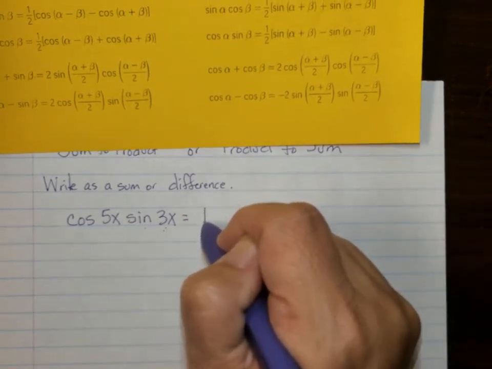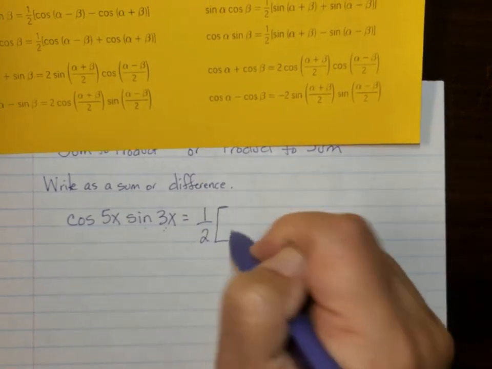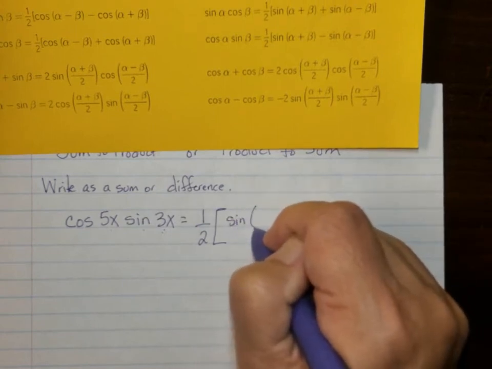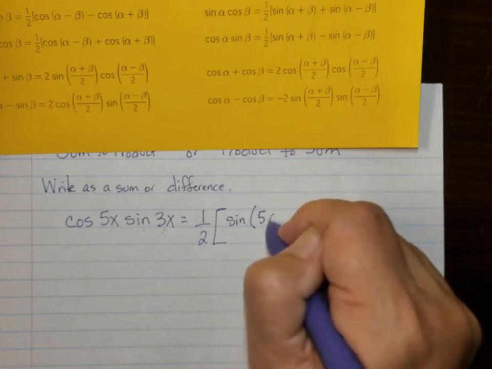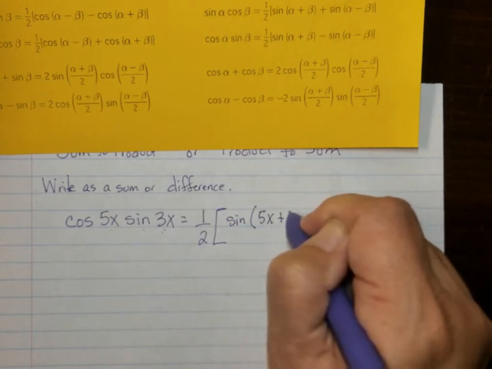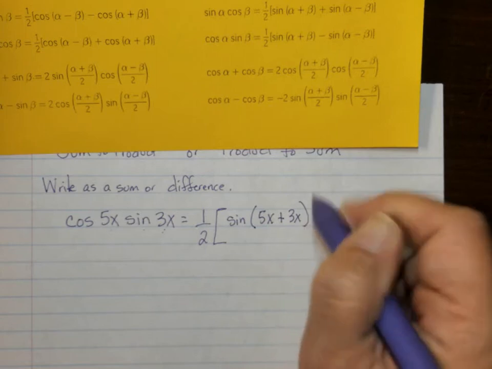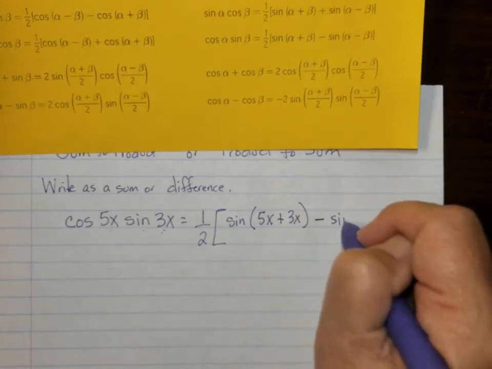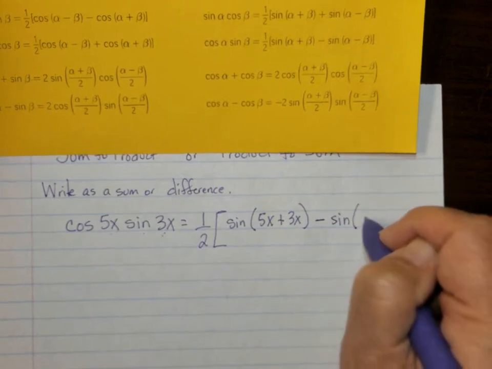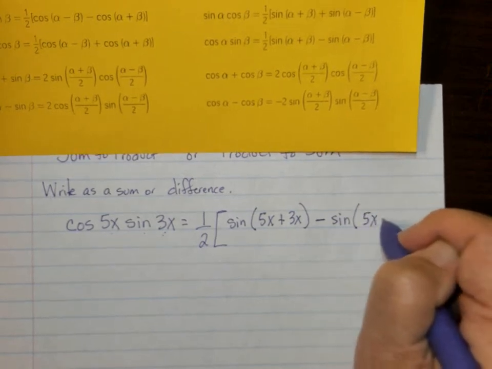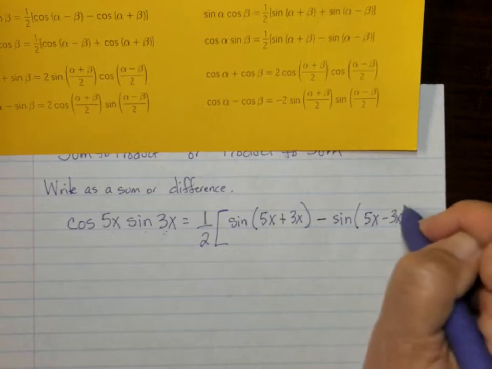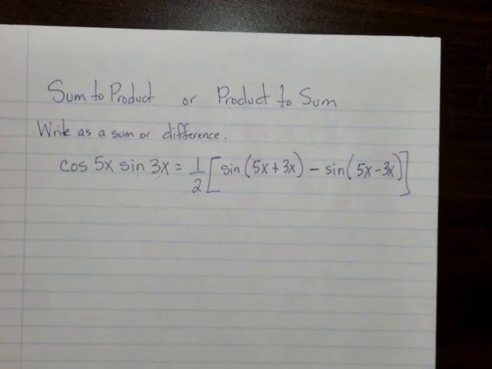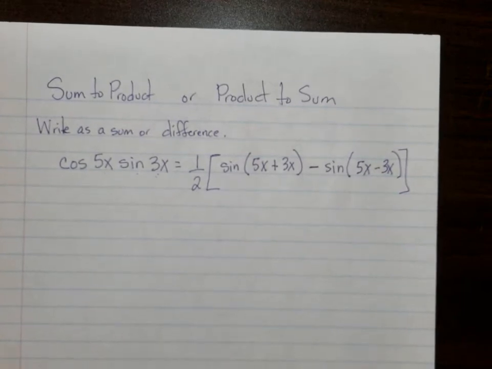So we're going to write down 1/2, bracket, sine, parentheses, alpha, which is 5x, plus beta, which is 3x. Then the identity has a subtraction sign in it, and it says sine, then alpha, which is 5x, minus beta, which is 3x. Close your parentheses, close your bracket. Right? Just substituting into the identity.